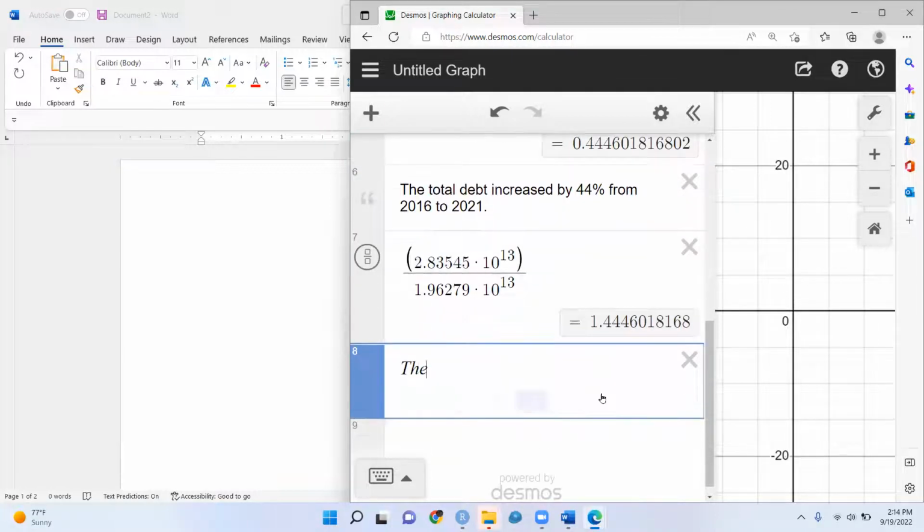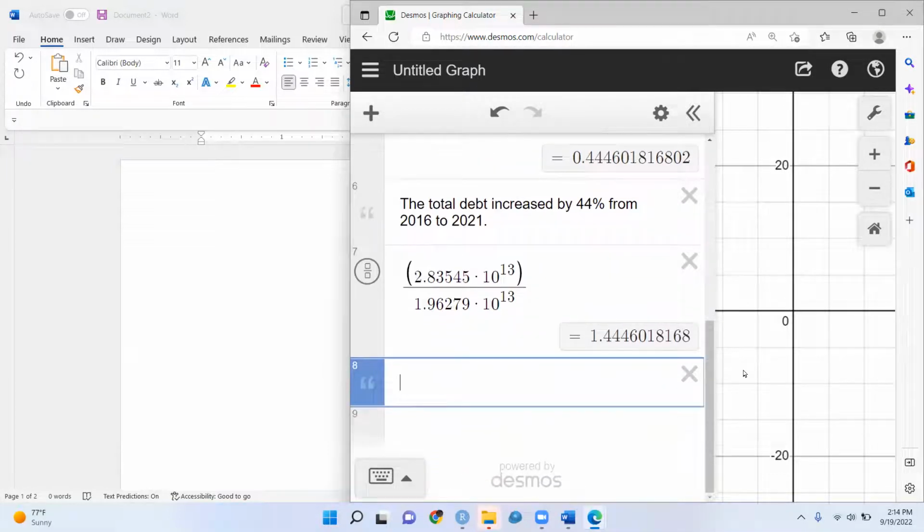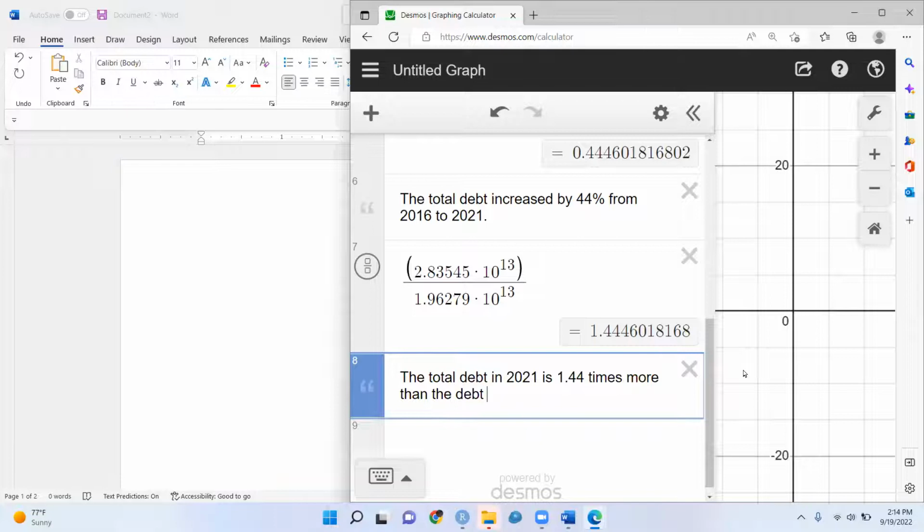Here we want to do a note. Let's do it this way: the total debt in 2021 is 1.44 times more than the debt in 2016, or 1.44 times larger. That's a better word than the debt in 2016. How does that feel?